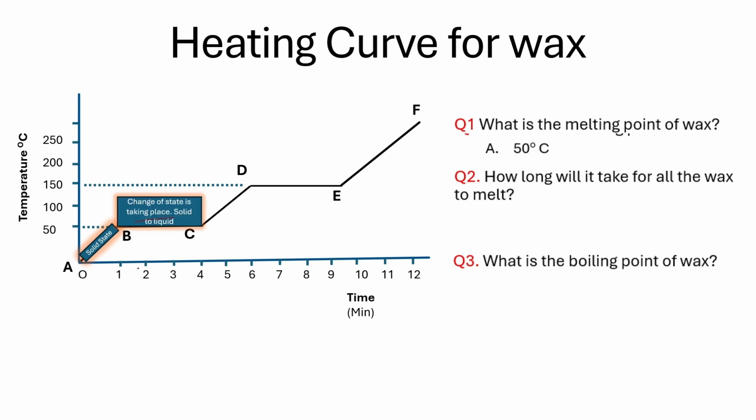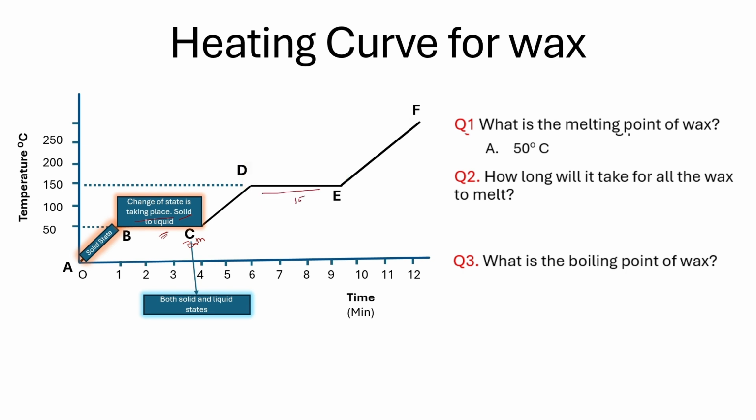Solid paraffin wax is changing now from solid to liquid, and till C the change of state takes place, and we have both the states, that is solid and liquid. At C again you can see the temperature rises till D, and now at D point again we can see the temperature is constant, that is 150 degrees centigrade.